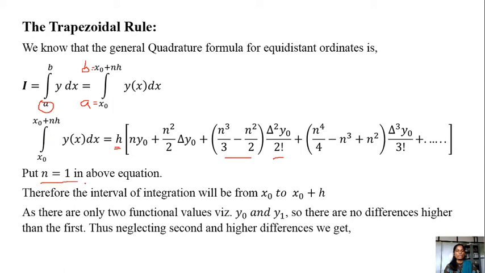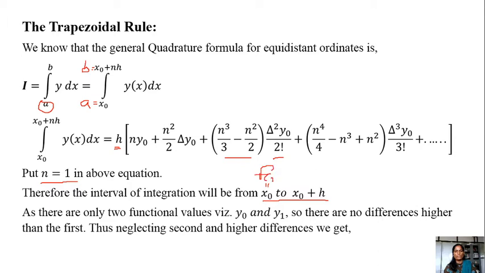So if you put n equal to 1, here the lower limit is x naught and the upper limit is x naught plus h only. So your interval of integration will be from x naught to x naught plus h. Also, there are only two functional values. The value of f at x naught you may call y naught.